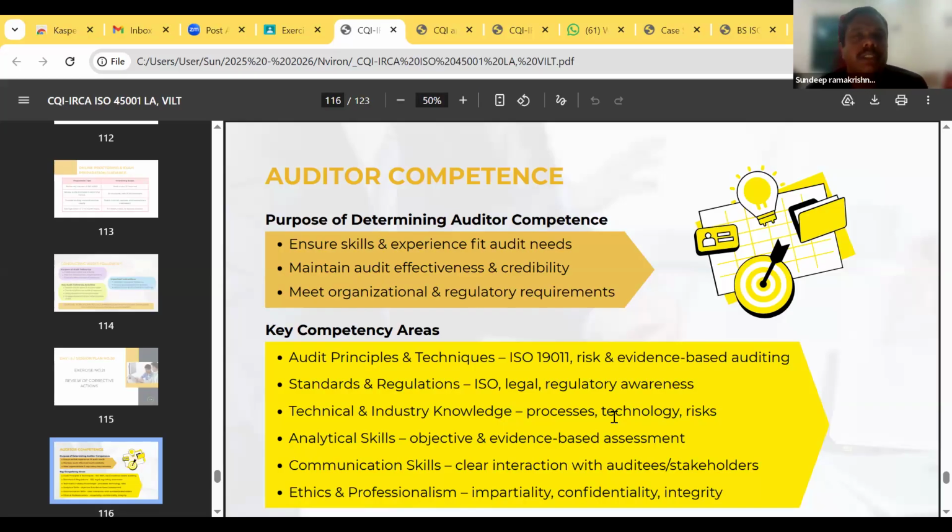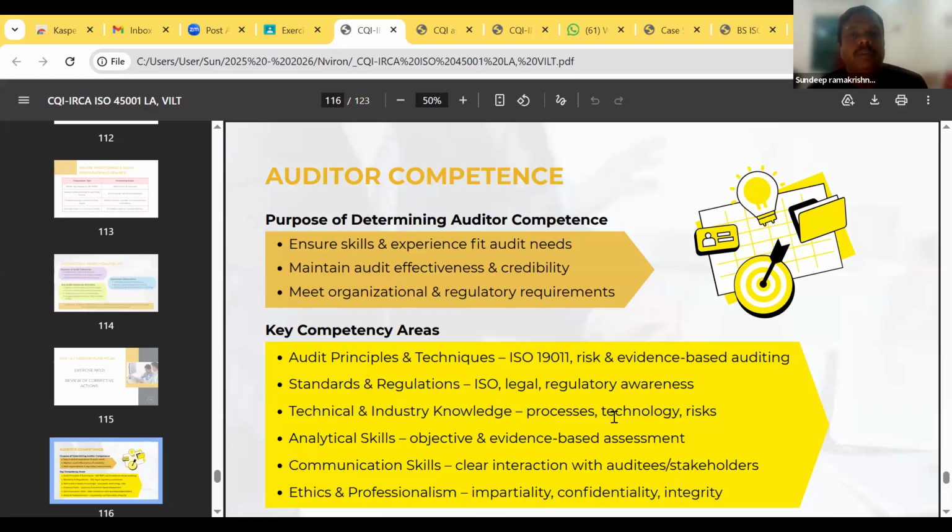And whichever industry you are auditing, the ISO standards requirements, legal requirements, regulatory requirements, all these you should have good awareness. Whatever the industry you are going to audit, if you have good process knowledge, the technology which is used, know-how, risks, all these things, when you have a good idea, these are key competency areas for any auditor.